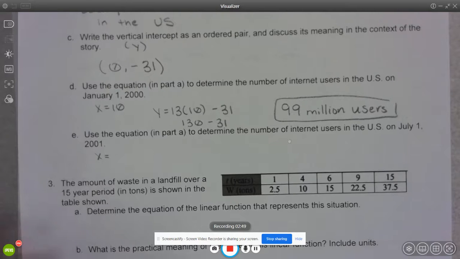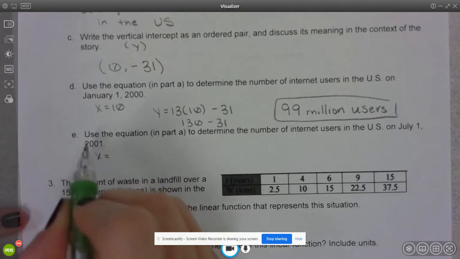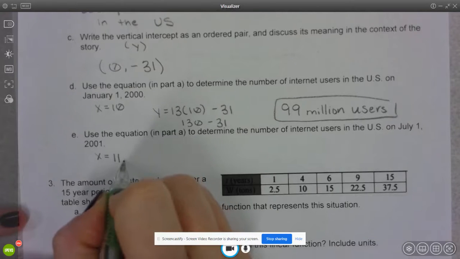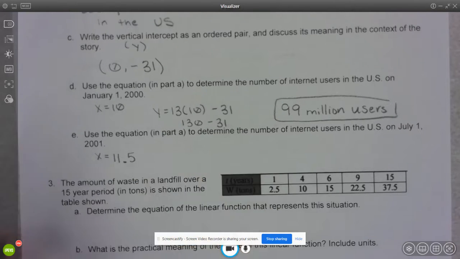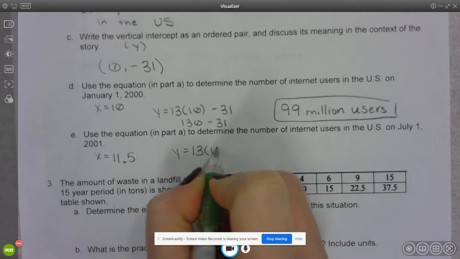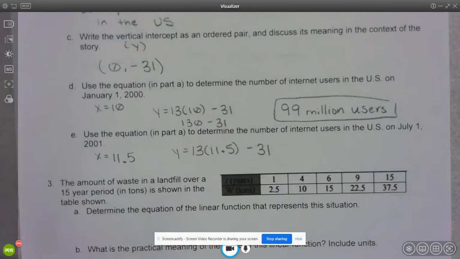So 2001 is 11 years since 1990, plus I'm going to go another half of a year. So I'm going to have 13 times 11.5 minus 31.